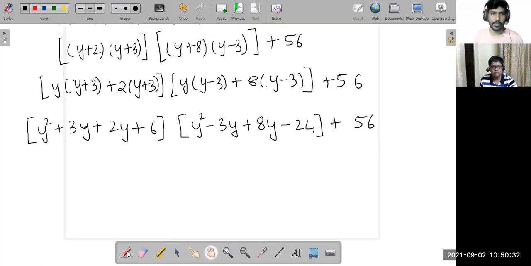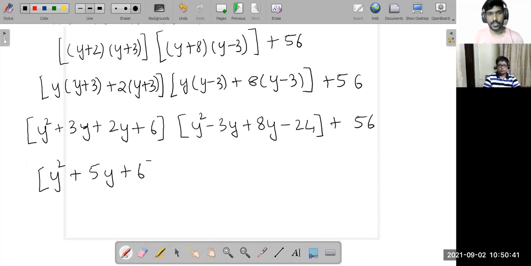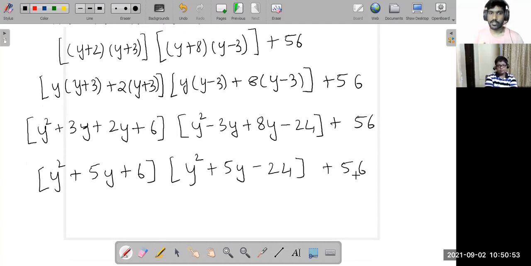Go through it. So this will become y square plus 3y plus 2y, 5y plus 6. So this is y square minus 3y plus 8y plus 5y minus 24, and this plus 56 as it is. Just put equal to sign here.